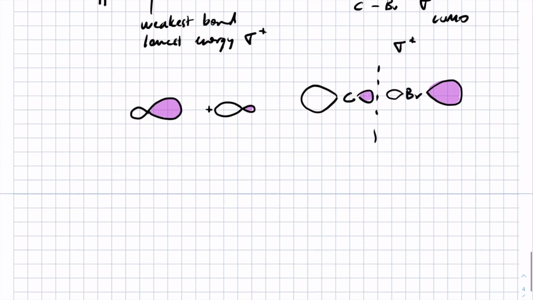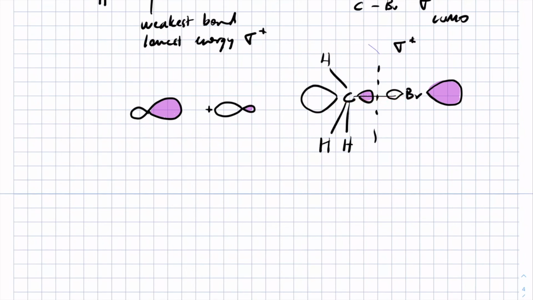We can draw that superimposed on the structure. And one of the interesting predictions here is that the LUMO of this molecule has a large lobe that is behind the carbon-bromine bond.